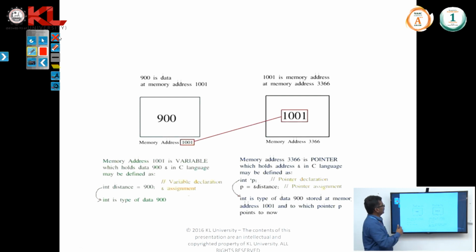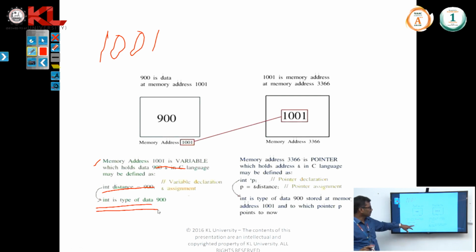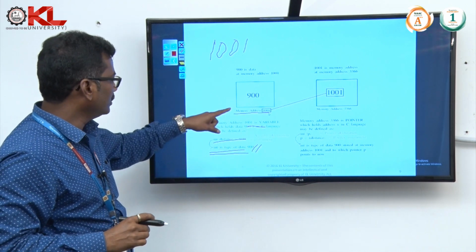In the first case, the memory address 1001 holds the data 900, and in C we normally declare it like this: int distance = 900. What is the meaning of this declaration? 900 is the data, and that data is stored in the memory location 1001.